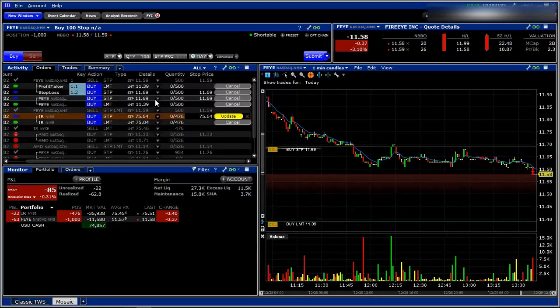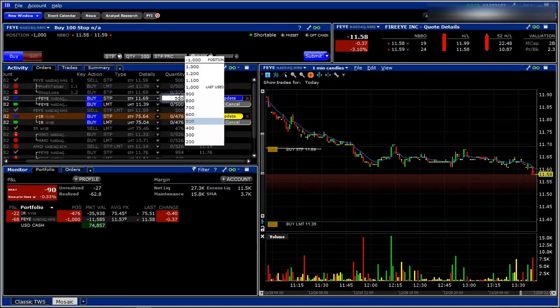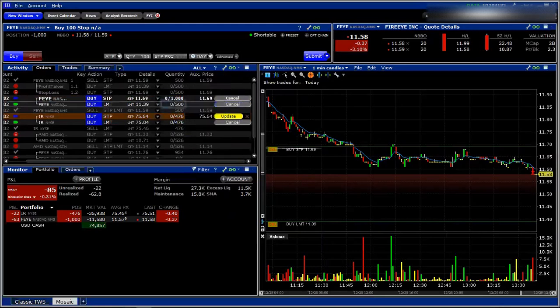Now it's a little bit silly to have two orders to do the exact same thing at the exact same price. So again, I've been doing some for demonstration. Since both of these are effectively now an order cancels another, I'm just going to cancel this top one, and I'm going to adjust my number of shares on this one to be 1,000 shares. I'm going to click update.